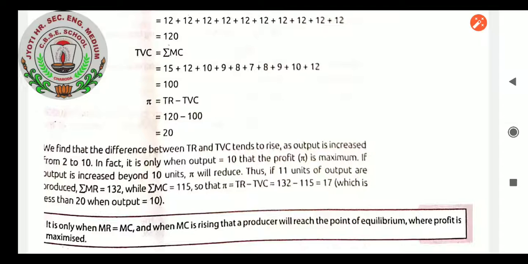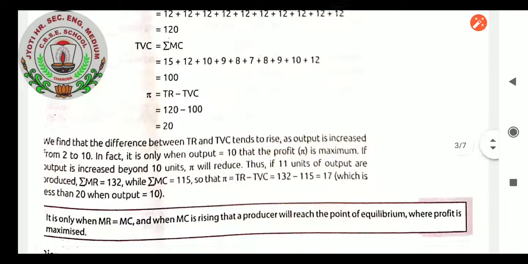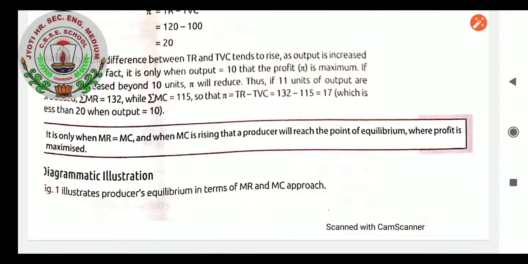So profit equals total revenue minus total variable cost, 132 minus 150, that is minus 18, which is less than 20 when output equals 10. It is only when marginal revenue equals marginal cost, with marginal cost rising, that a producer will reach the point of equilibrium where profit is maximized.